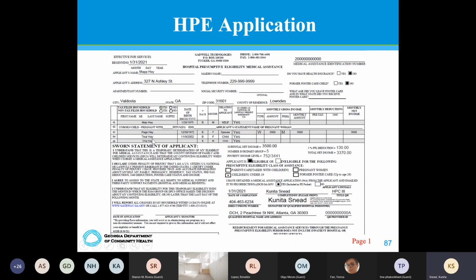On line 4, I put the oldest next, Teal Hay. Her date of birth is 11/9/2002. Child, and yes for citizen, no income. The next one I put Chip Hay.